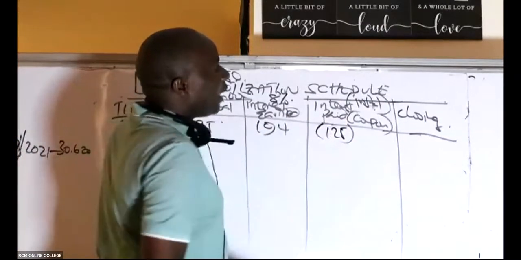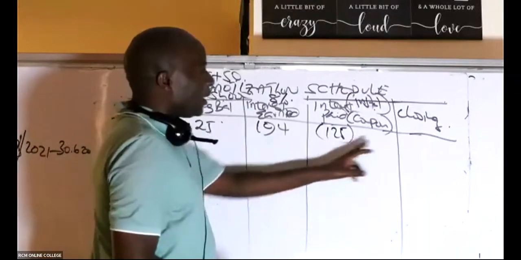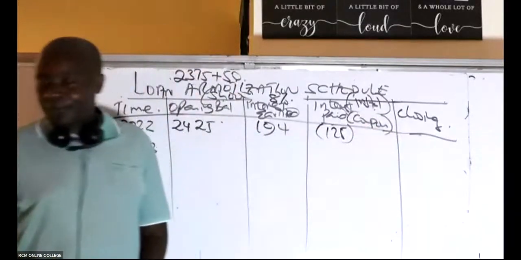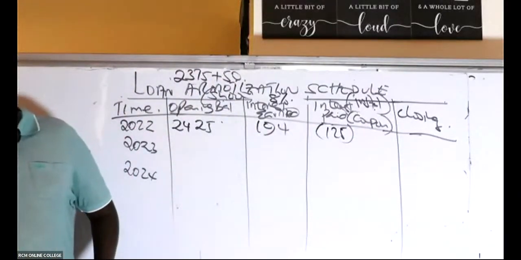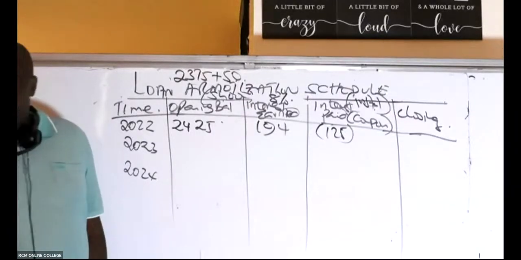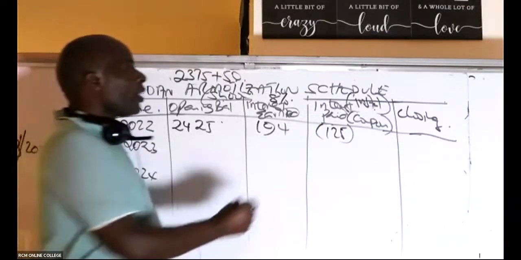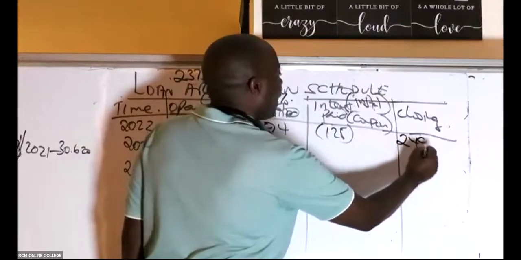So our balance owing at the end of the year will be this plus this minus this to give us an answer there. What they owe us will be 24.94. This is what they owe us, 24.94.